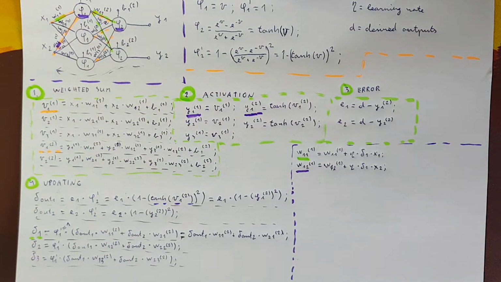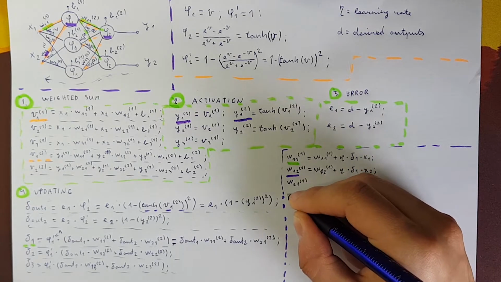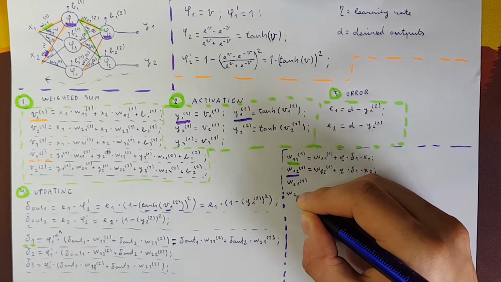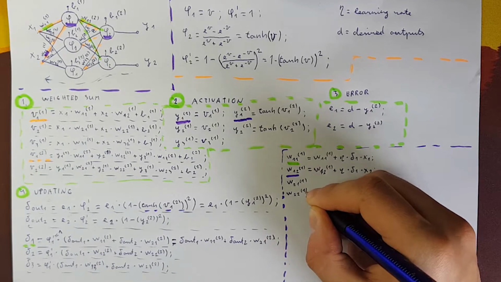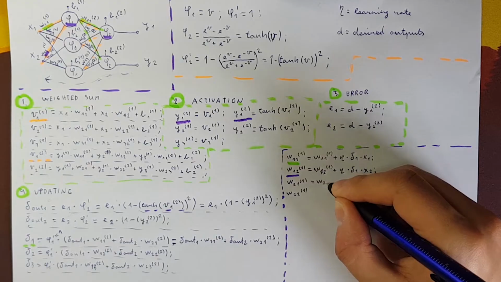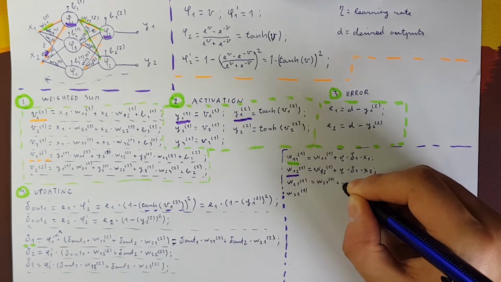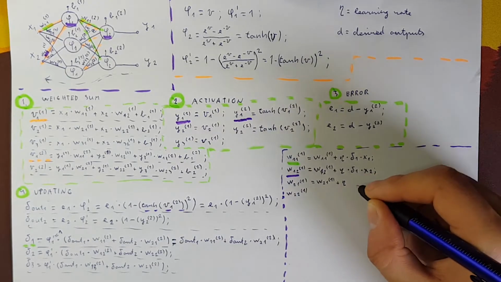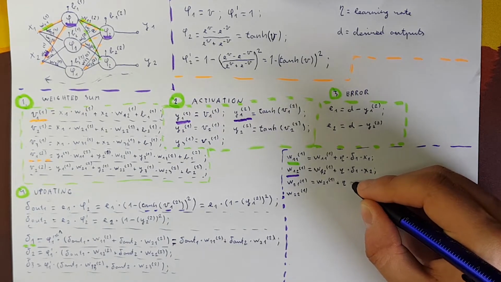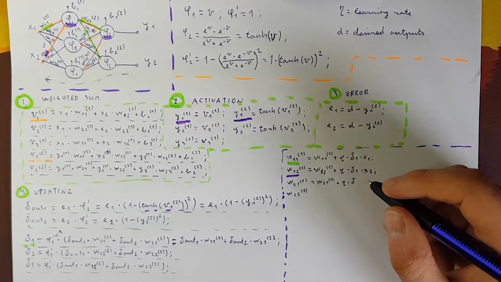Let's now update the weights for the second and third neurons. W21 for the first layer and W22 for the first layer. Again, we take that weight W21 of the first layer and add a learning rate multiplied by the delta of the neuron it is connected to.